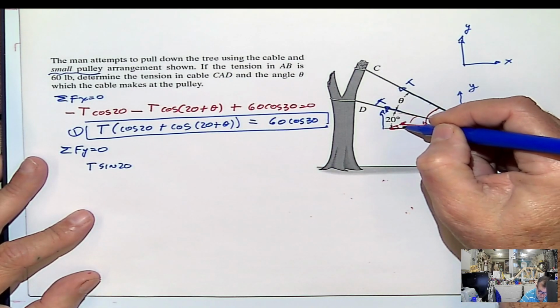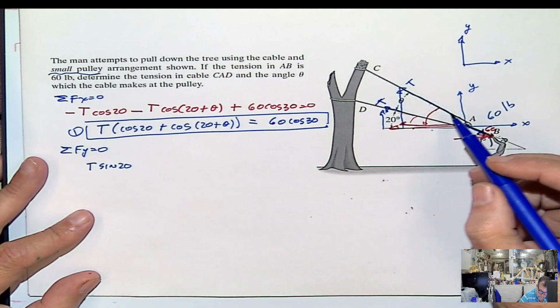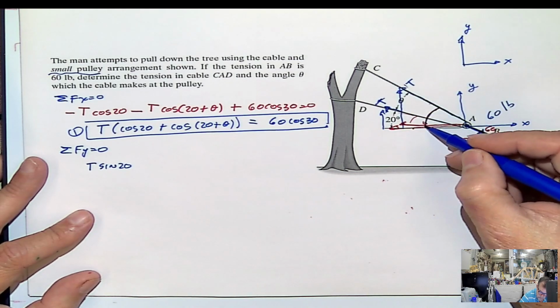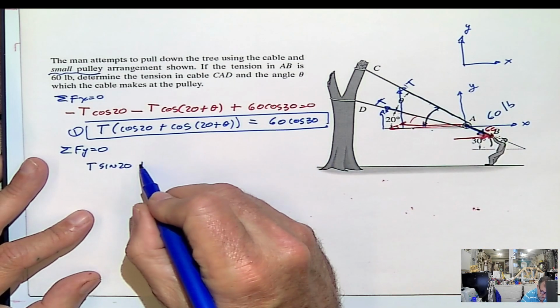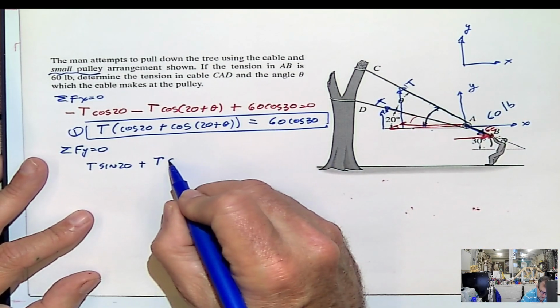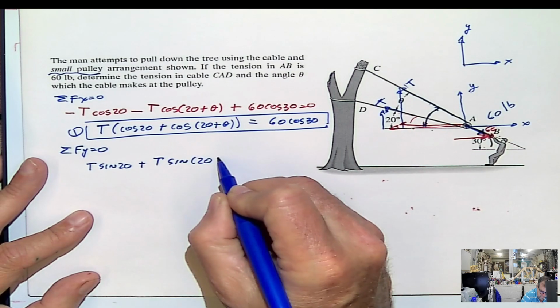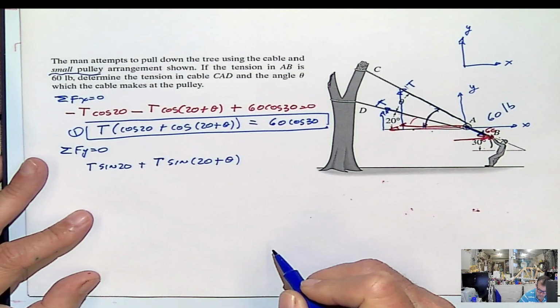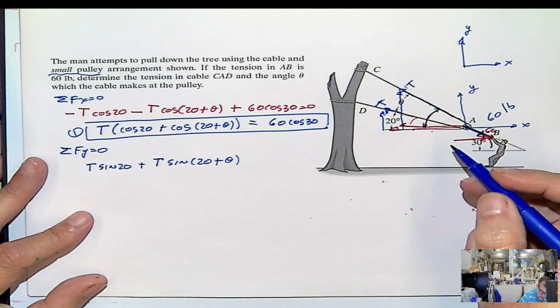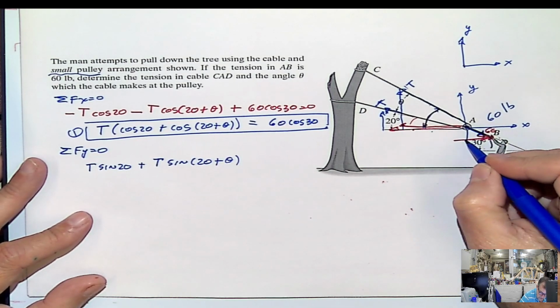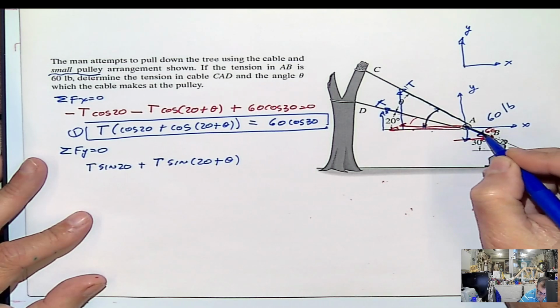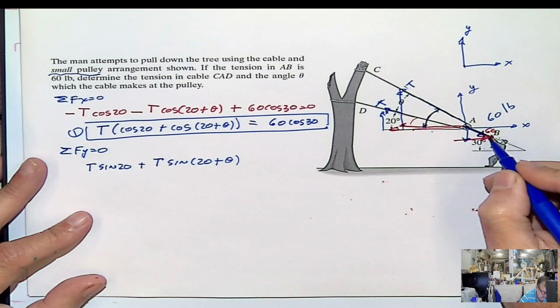The second T, which is this one, is going to be T sine of this angle, positive as well. T sine of 20 plus theta, positive as well. And the Y component of this force here will be negative 60 sine 30.